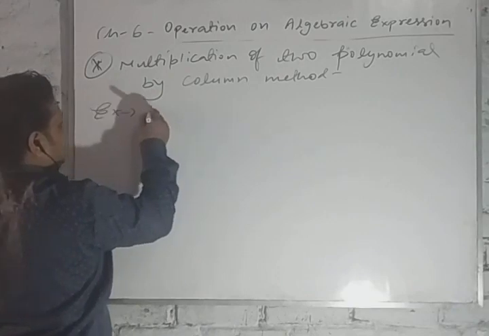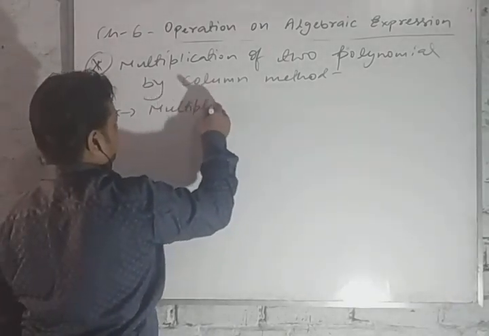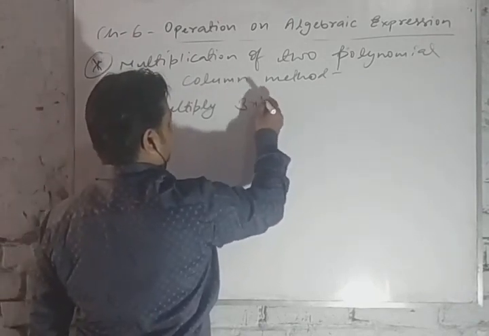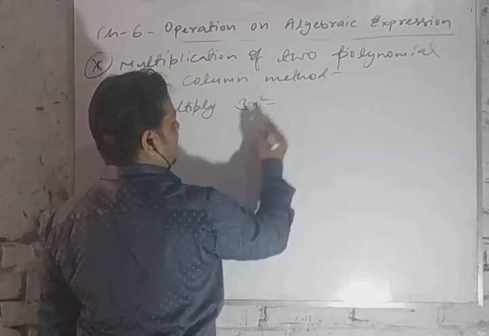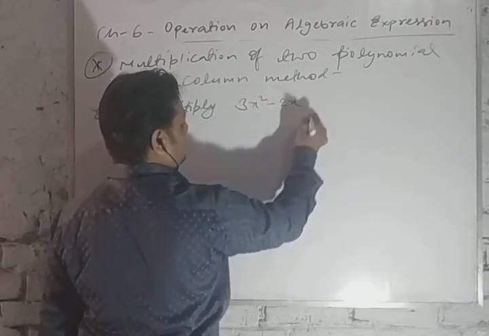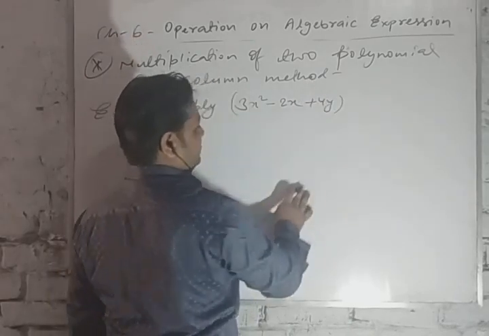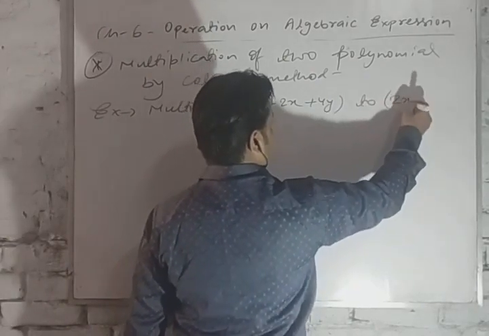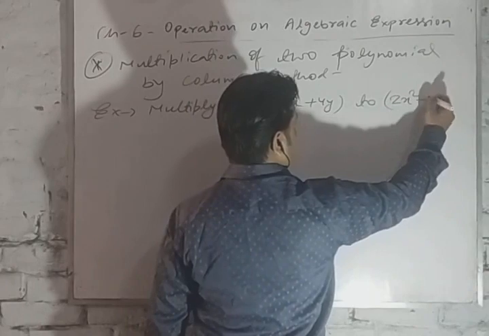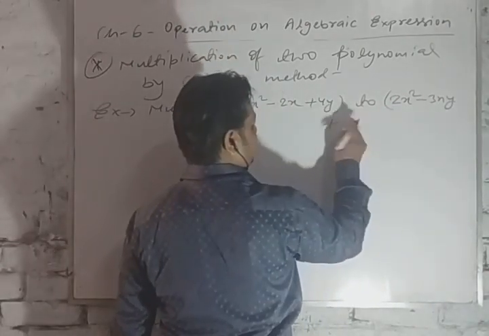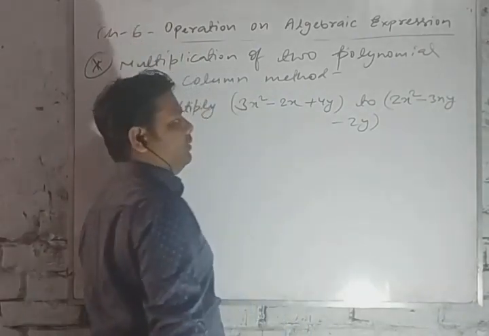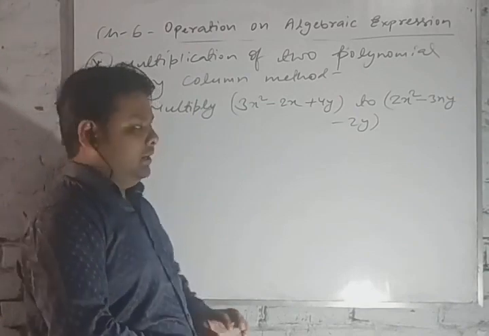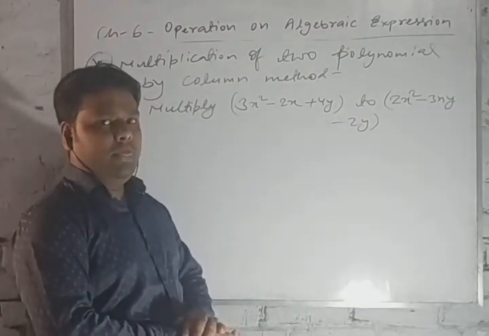If the question is that multiply 3x square minus 2x plus 4y to 2x square minus 3xy minus 2. Okay. Now, in the first step, I have written that write the big expression in the first row.